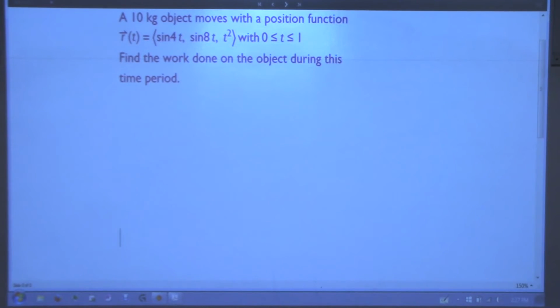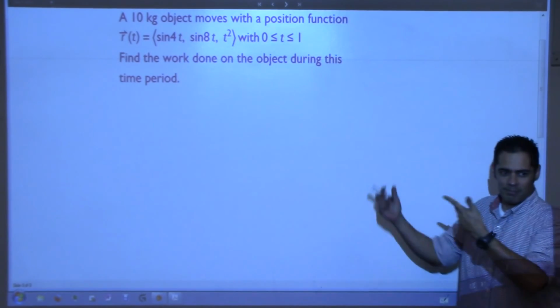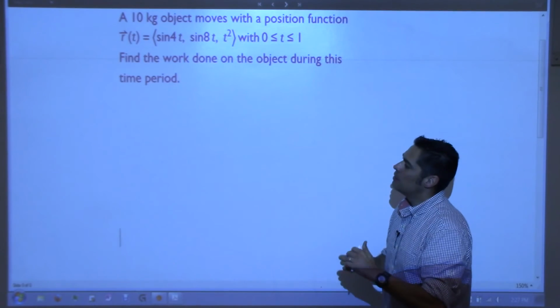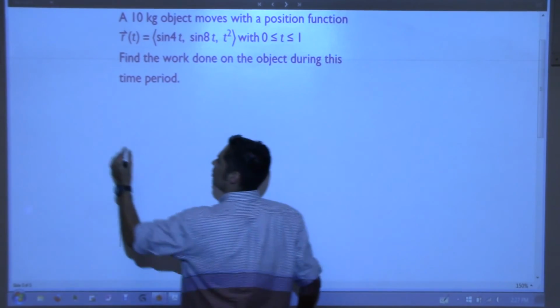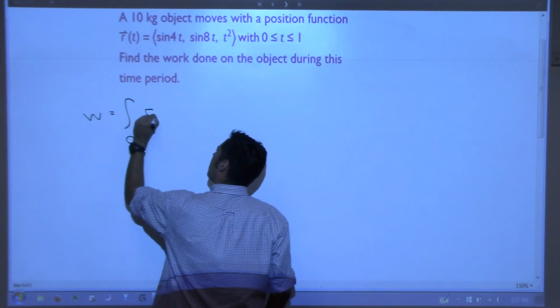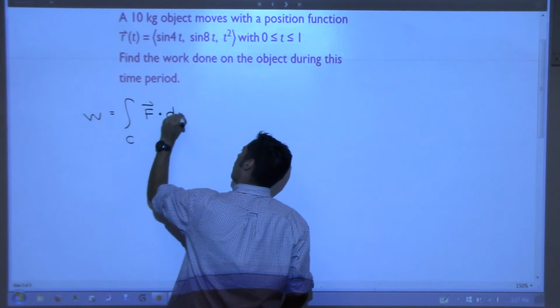Well, they want to know what work is, right? So we're going to need r, but we have it, and we're going to need r prime to get our formula. So work is going to be the line integral of F dot dr.